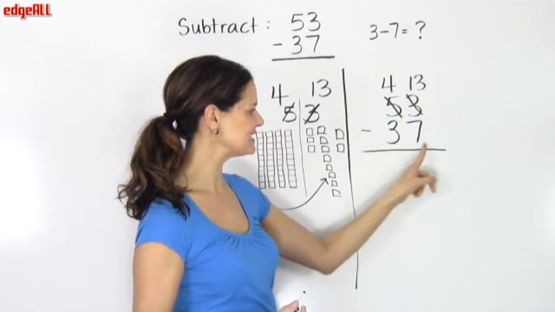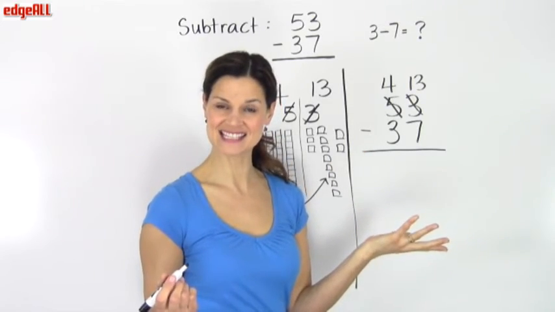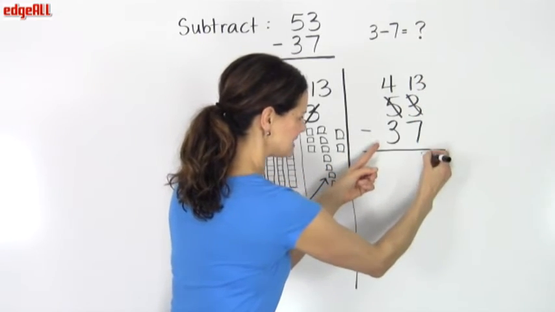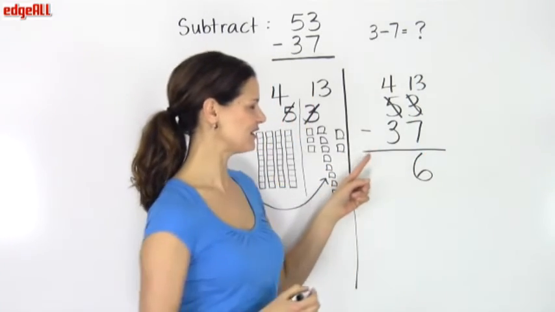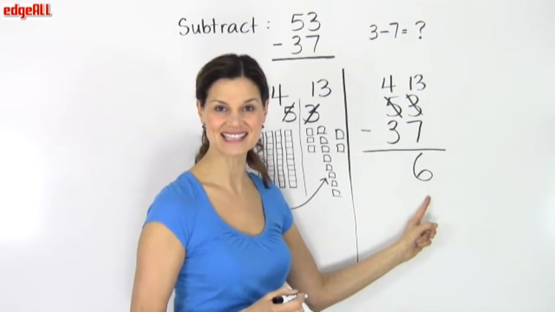13 minus 7, I have a positive answer of 6. And so I can go right below my 13 and my 7 here and put my answer of 6. 13 minus 7 equals 6.